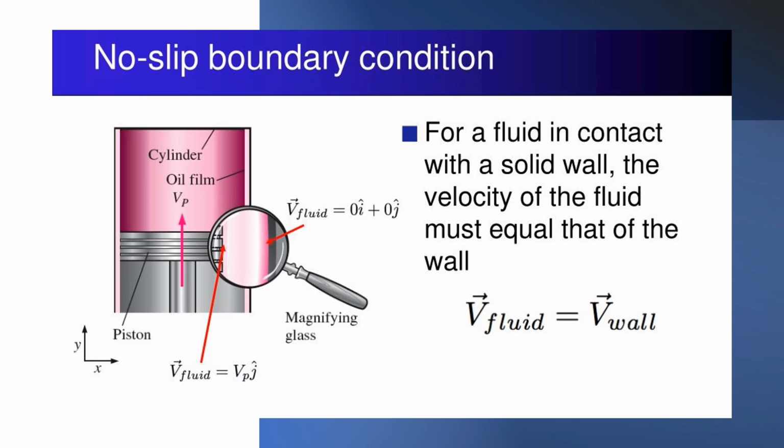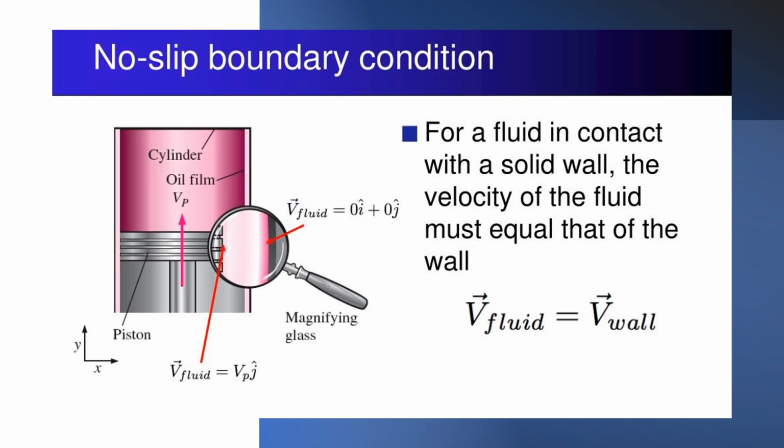This is what we call viscous drag. The closer the fluid is to the sphere, the slower it moves, and the further away you get, the fluid accelerates back to its normal speed.